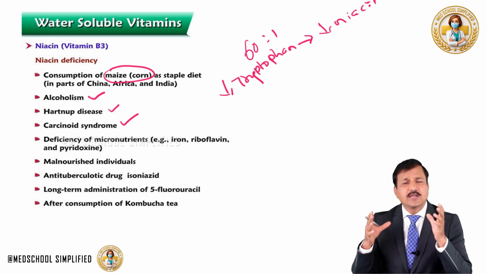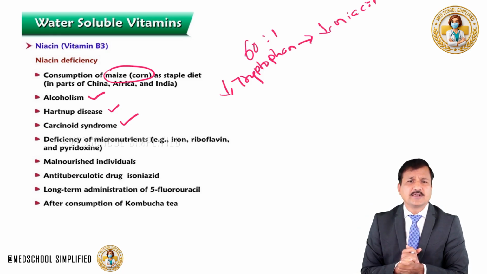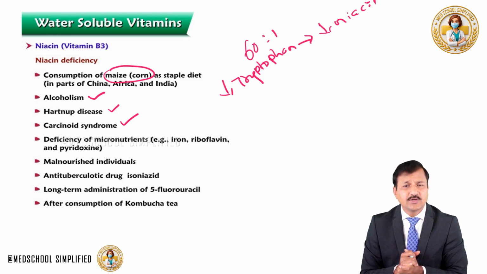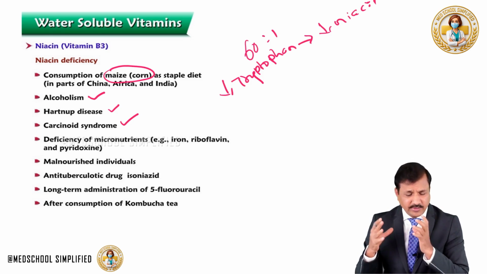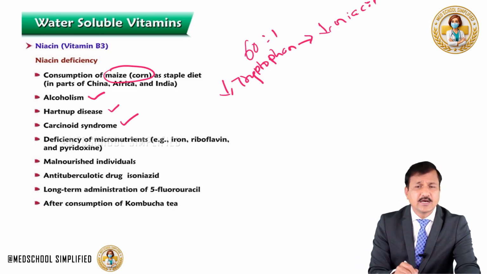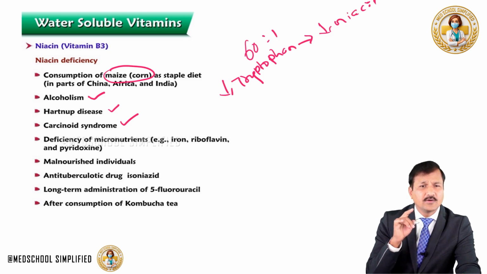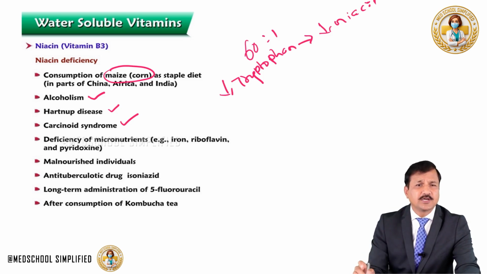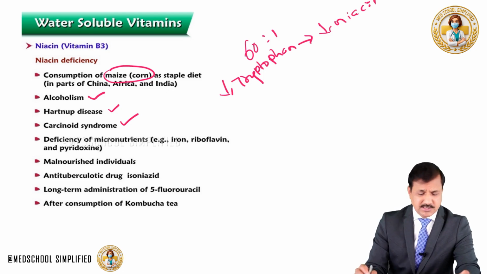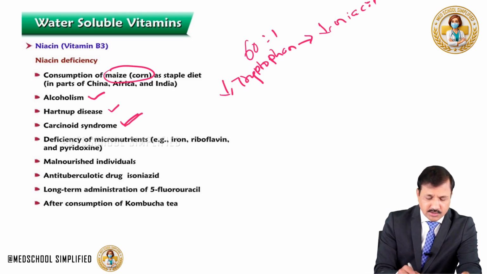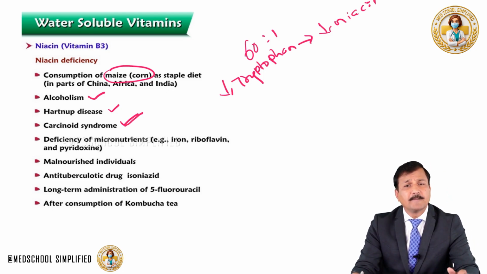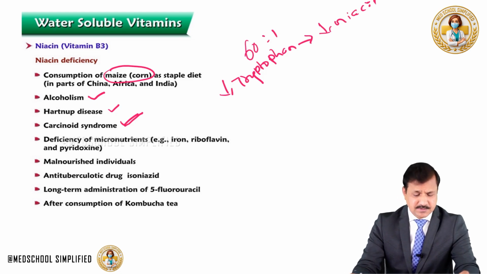Here there is increased diversion of tryptophan towards serotonin rather than niacin. So, very little niacin is made from the tryptophan. That is why patients with carcinoid syndrome may also suffer from niacin deficiency signs and symptoms.